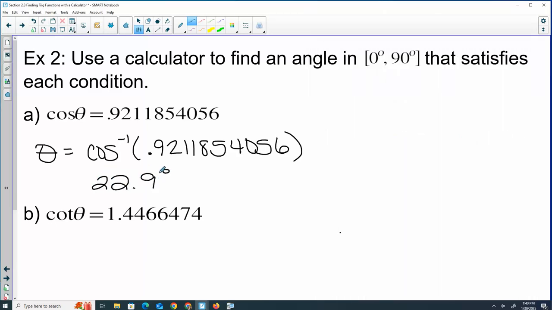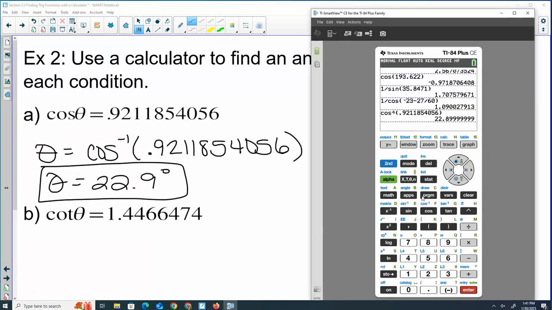This time that is the angle, so that is in degrees. And we could check it if we did cosine of 22.9 degrees. We do get the same decimal back.